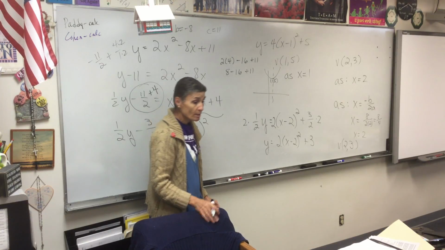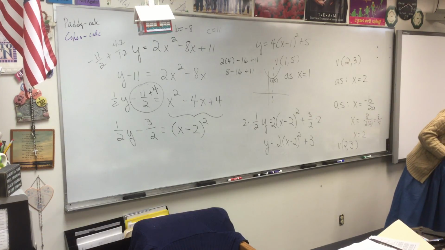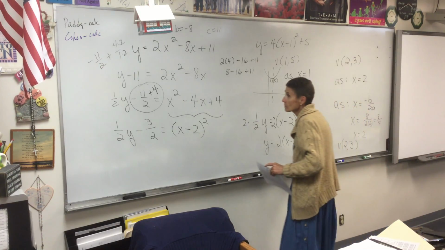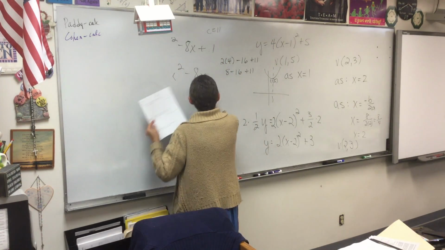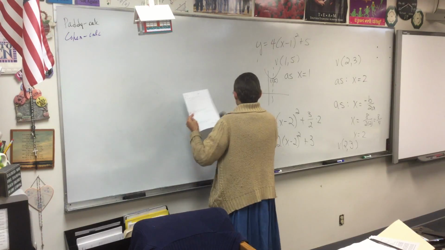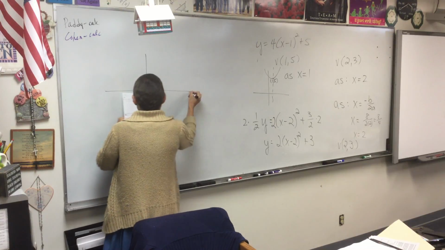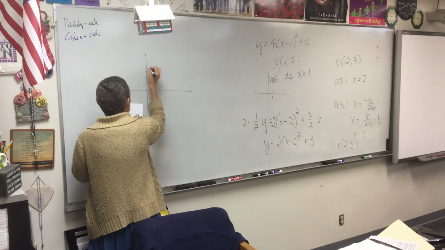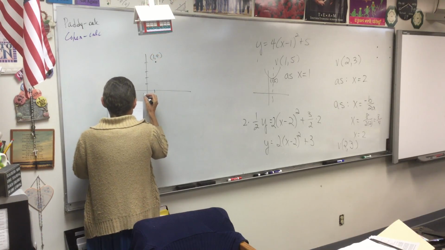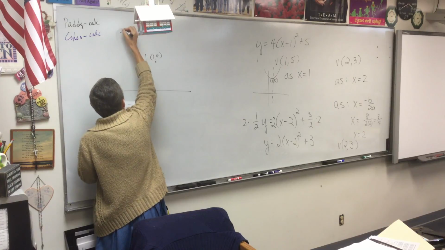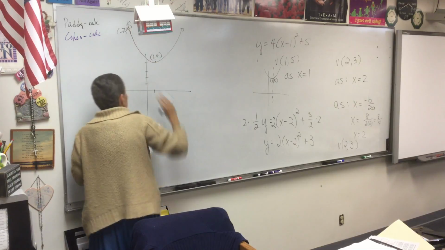Now, question number 2, which we haven't talked about, but it's easy, is going backwards. If we have a parabola whose vertex is at 1, 4, and it contains the point -2, 10, what would its equation be?